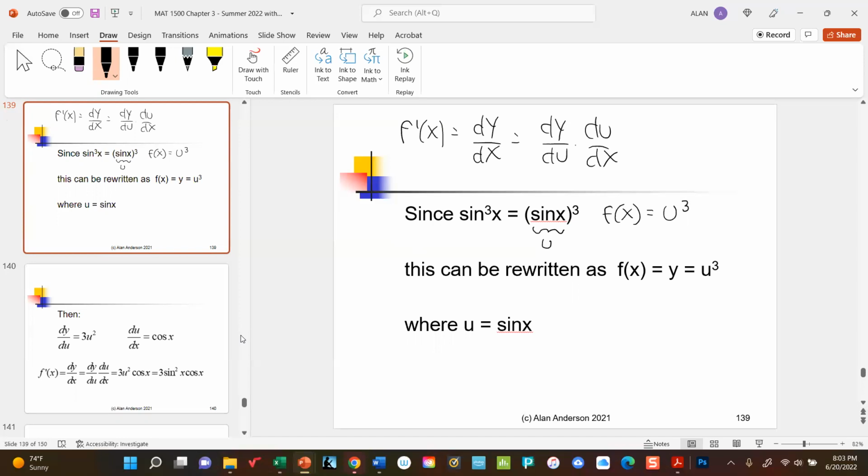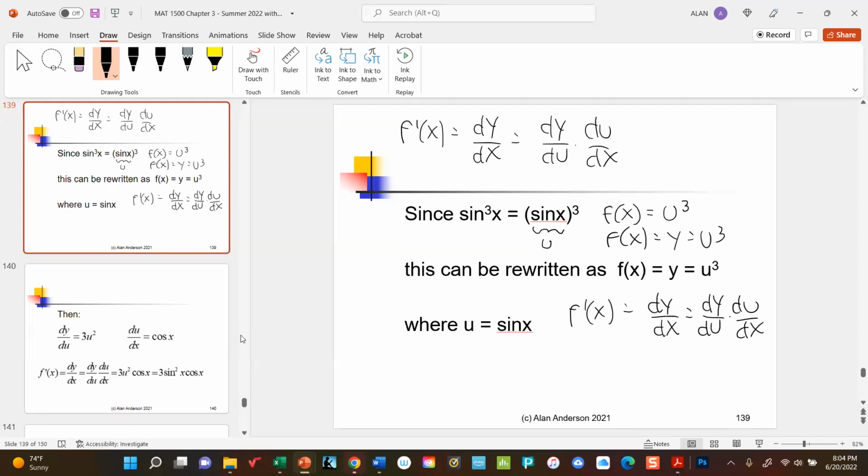Because the derivative is very simply dy du times du dx. Oh, by the way, f of x and y, of course, are the same thing. So I should have written this as y. What this tells me is that dy du, based on the power rule, is 3u squared.